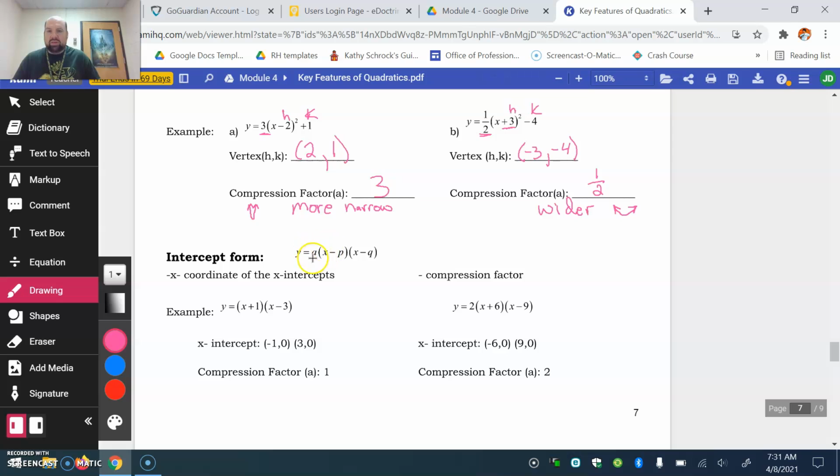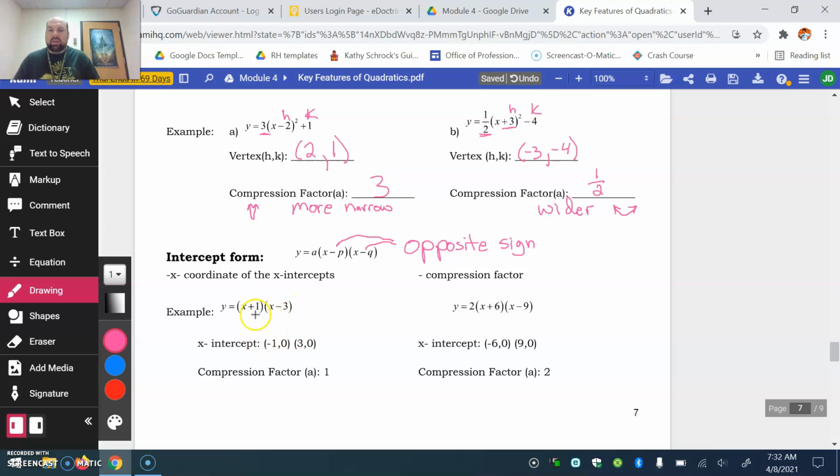So essentially, if we have intercept form, it's basically like factored form, okay? And notice we have subtraction signs here. Basically, what that's telling us is it's going to be opposite. I often tell students negative, another way to say negative or minus is opposite. Opposite the sign. So notice how I've got +1 and -3 here, okay?